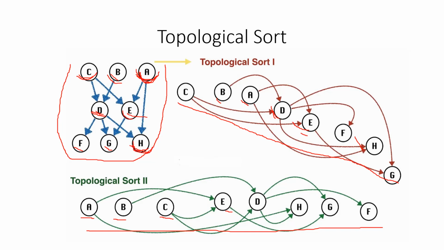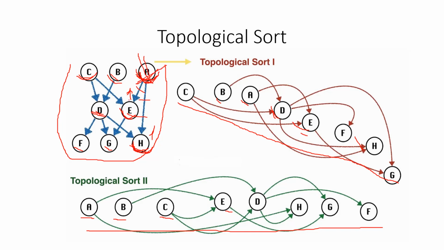So we remove A from the queue, and we decrease the in-degree of E and of H. Before that, the in-degree of E was 2, and for H it was also 2. We decrease it by 1, so the in-degree becomes 1. So we remove this edge, and we remove A from the queue.